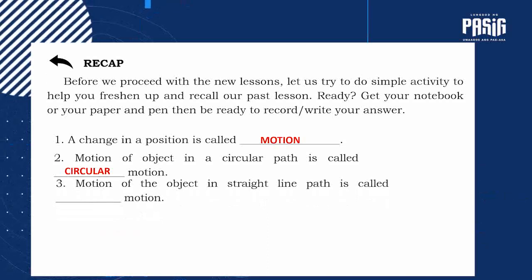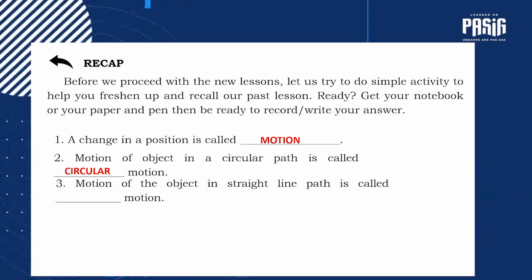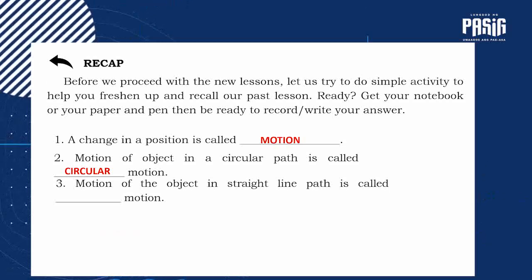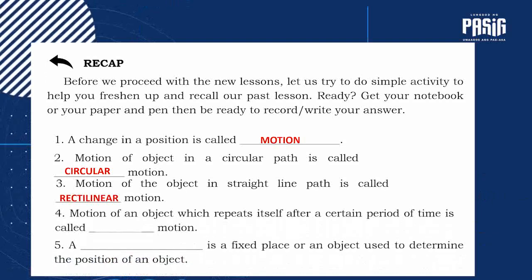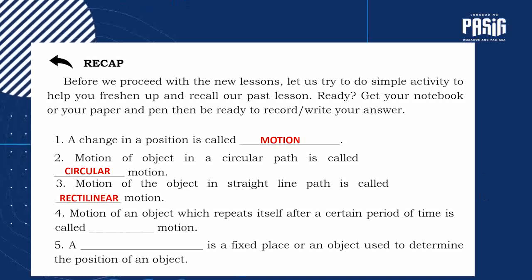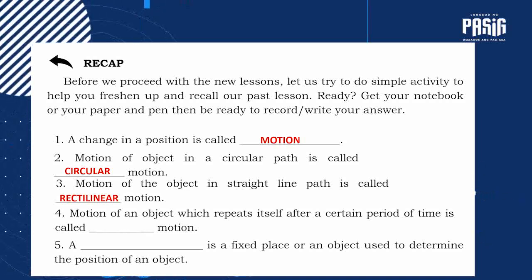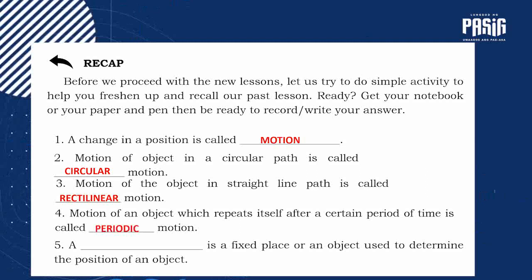Motion of an object in a straight line is called blank motion. Very good, rectilinear motion. Number 4. The motion of an object which repeats itself after a certain period of time is called blank motion. Periodic. Number 5.